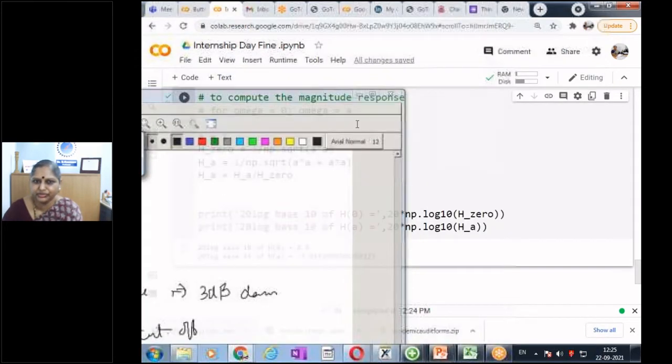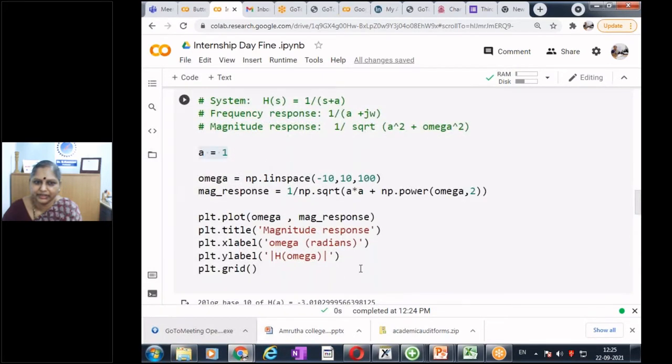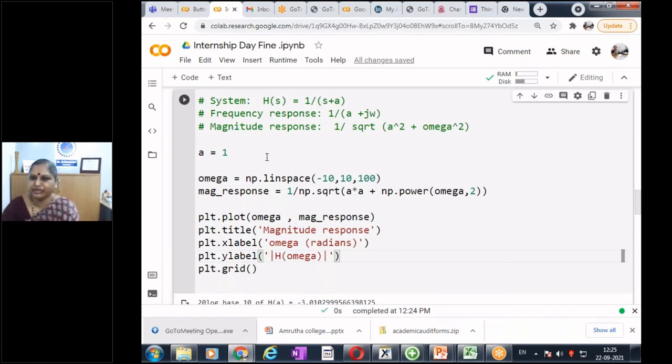So now let us go back to our magnitude response and run it. How many of you have got this magnitude response plot? The dB and phase, don't worry. Some of you might have followed it, but others, it doesn't matter.